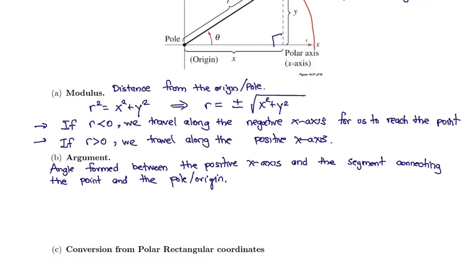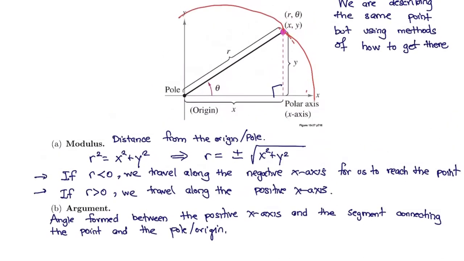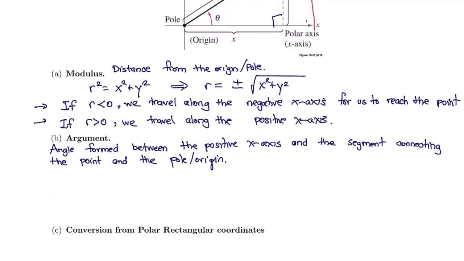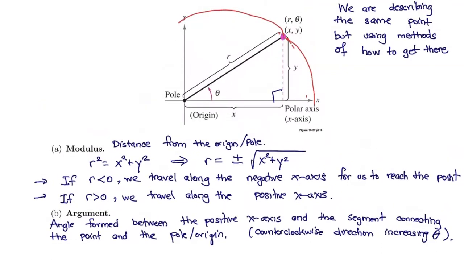So we're going to describe our argument as the angle that is made. That is the theta that is made between the positive x-axis, and we always measure it from the positive x-axis, and the ray. And we count the counterclockwise direction as increasing theta. So the counterclockwise direction is the direction we're going to rotate in for increasing theta.